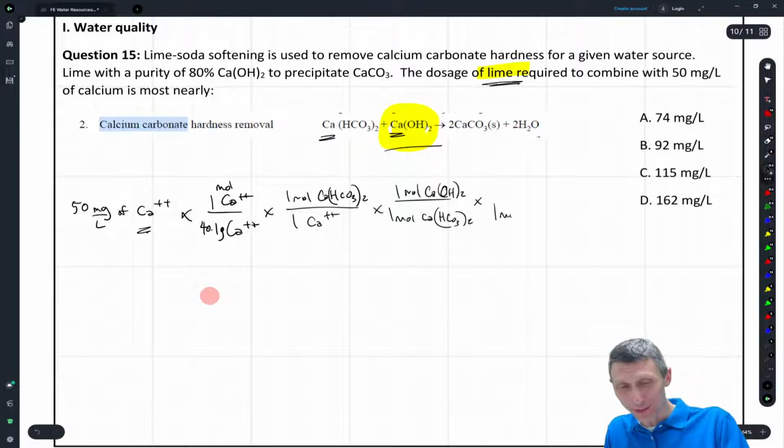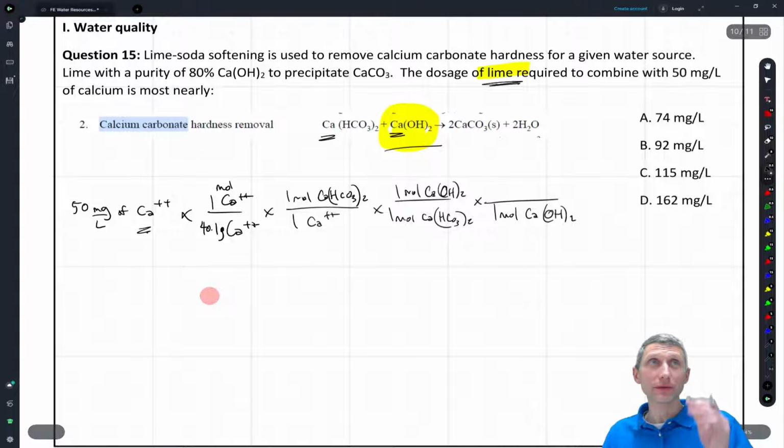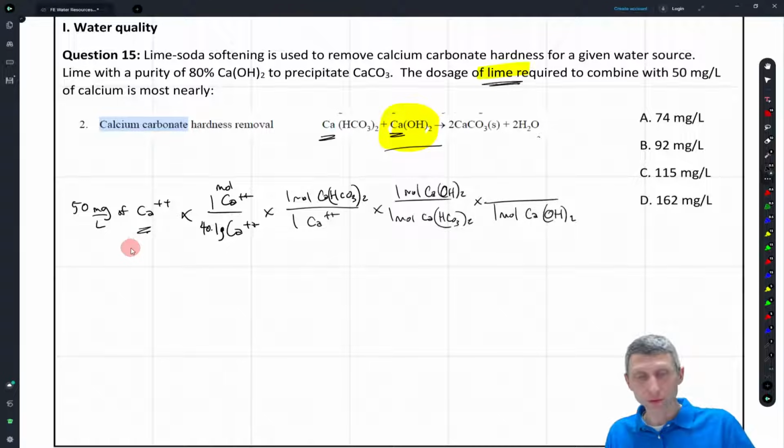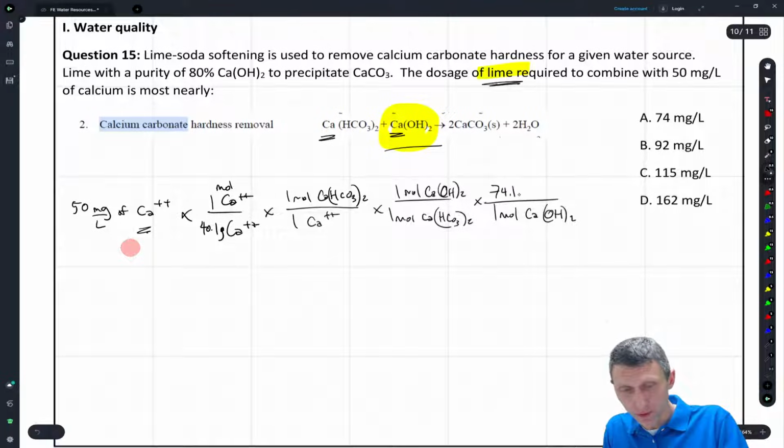So now we have 1 mole of our lime is equal to what? Again, we come back here and say 1 mole of the calcium hydroxide is 74.1 molecular weight. So this is 74.1 grams for the lime.